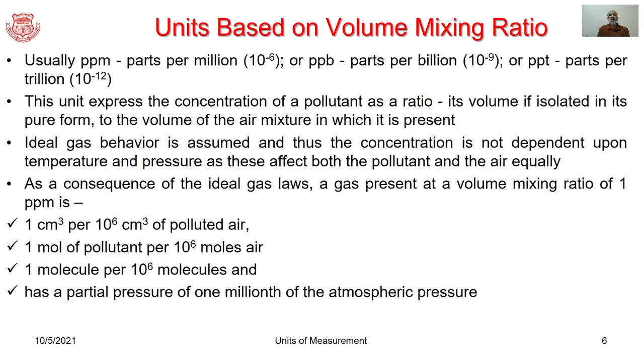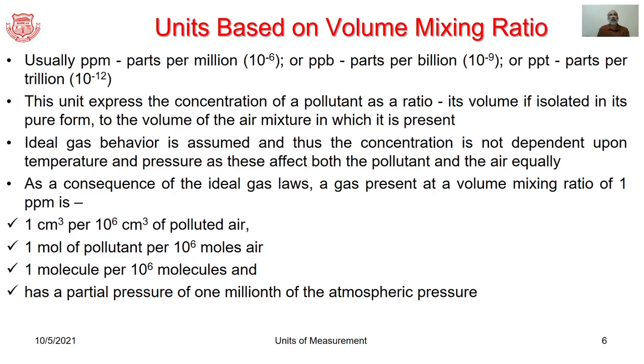The units based on the volume mixing ratio are usually parts per million or parts per billion, or also parts per trillion. One must not confuse the abbreviation PPT with parts per thousand.